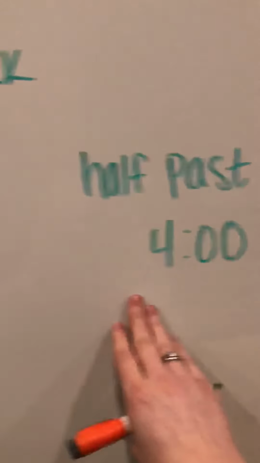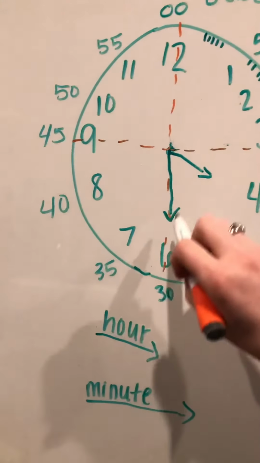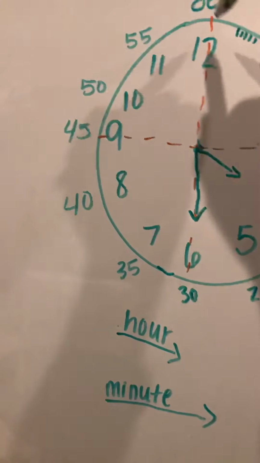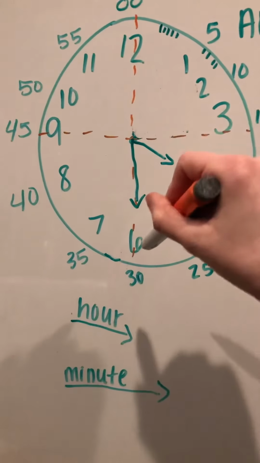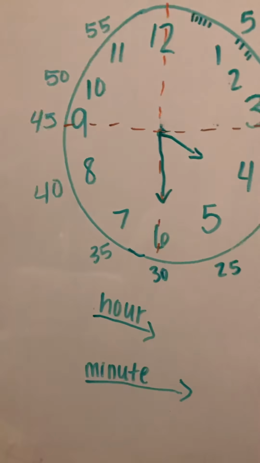So this is another way that we can say this, because this means that our minute hand has gone halfway around our clock. So it's half past 4.